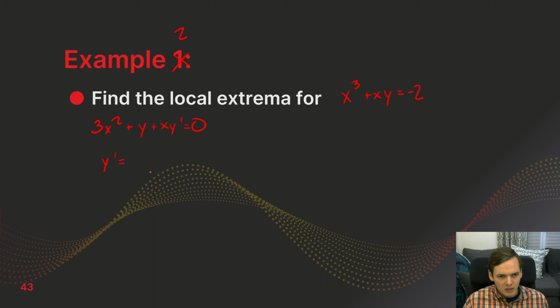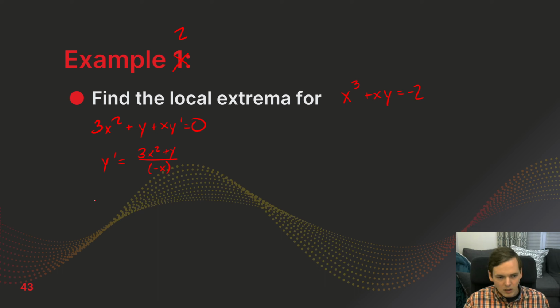So y prime will equal 3x squared plus y divided by negative x, because I'll move the xy over and then divide it. Okay, great. So local extrema can occur where this equals 0 or it's undefined.